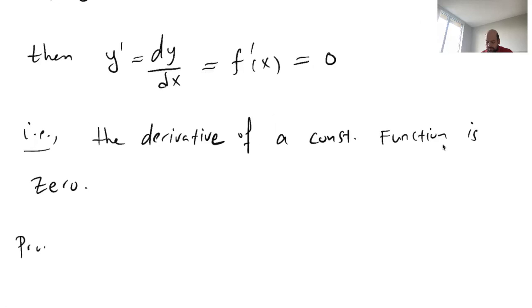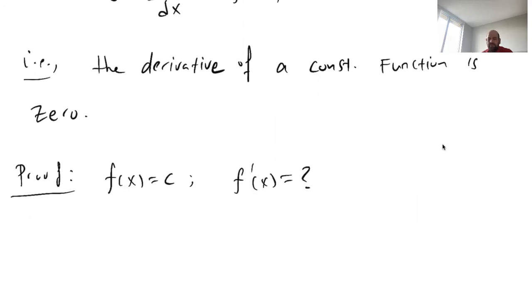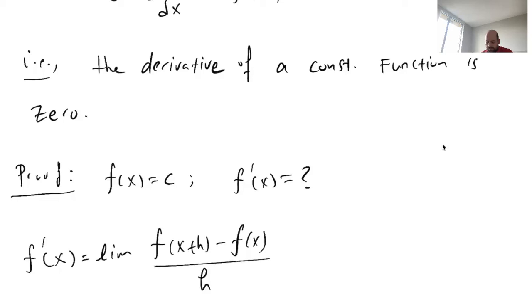So proof. So let's see how we can prove it. So f of x equals c, and we want to find f prime of x, right? So how can I find f prime of x? F prime of x by definition is limit f of x plus h minus f of x divided by h as h approaches 0. Now, f of x is a constant function.